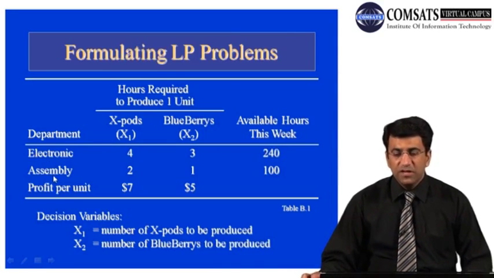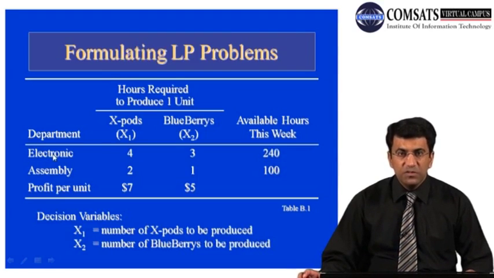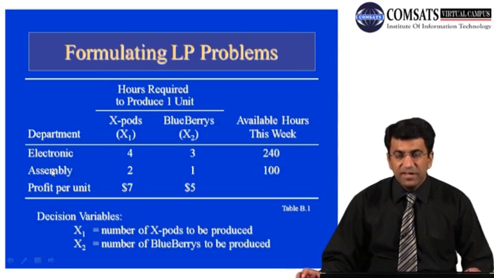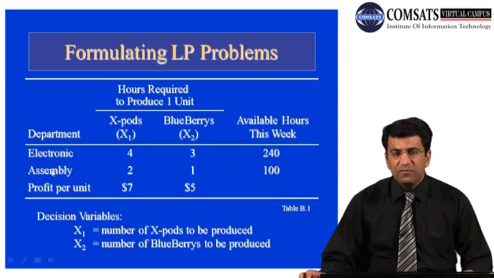And what are these constraints? One of the constraints is we cannot do more than 240 hours for the electronic work. Now that is the constraint of that machinery related to electronics. Again, we cannot apply more than 100 hours for assembly. That is again the assembly constraint. So we will have to work within these constraints.